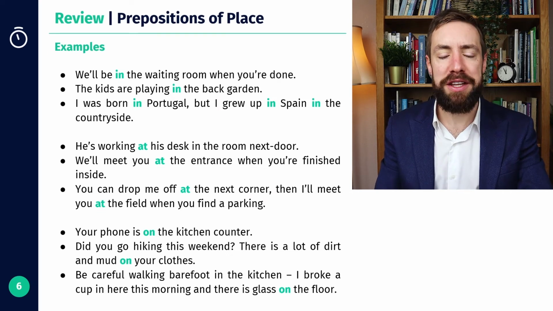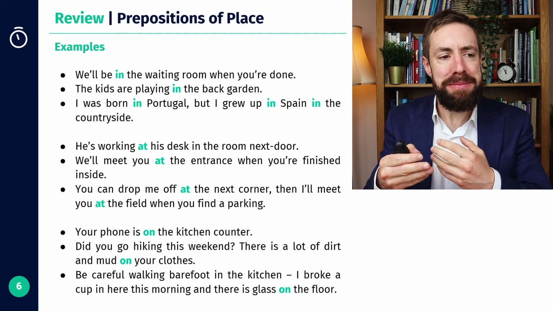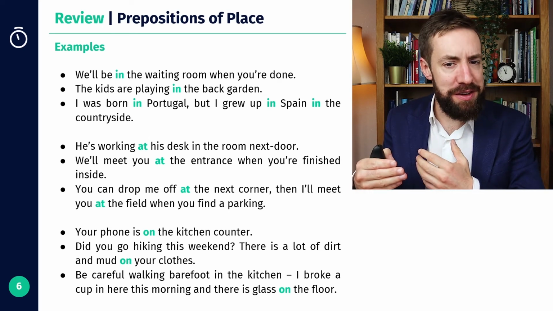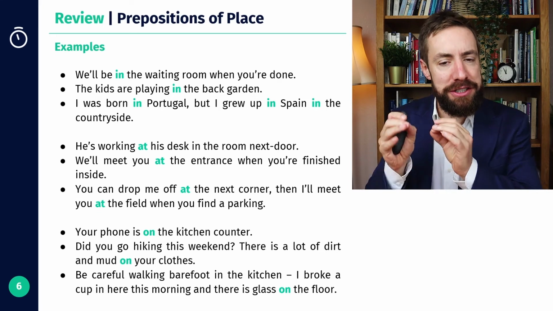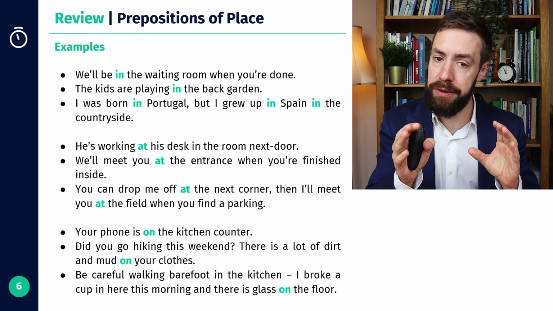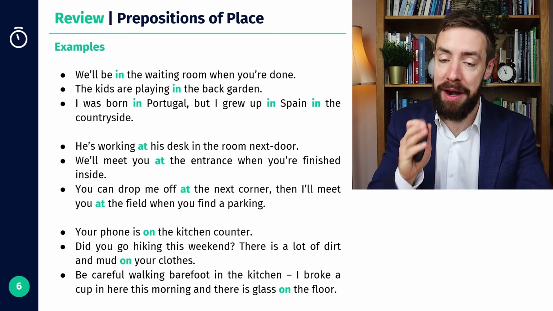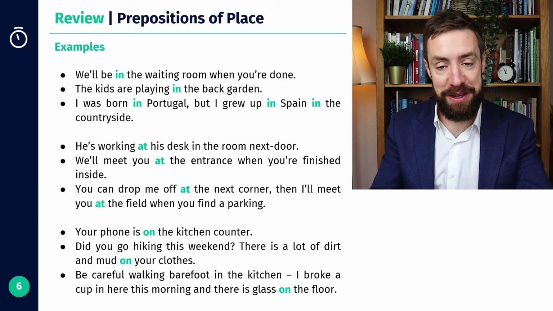So we kind of have the way that we say things, and it follows some kind of rule, but really you just have to remember when we use this one and when we use that one. So that's why having these example sentences to learn and practice by yourself is a very important thing.